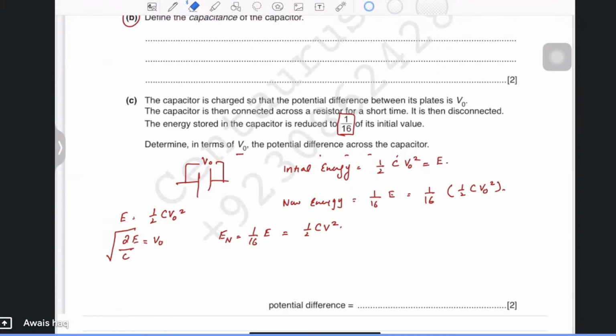Now what I'm going to do is multiply 2 there. So if I multiply 2, this is going to be 2E divided by 16 C and under root will give me V, right? So if you notice that this part is the same as this part. You guys agree?